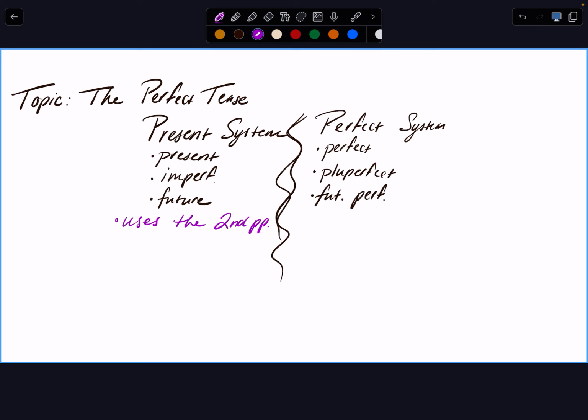Okay, the present system uses the second principal part to get what we call the present stem, whereas in the perfect system, you're going to use the third principal part to get the perfect stem. Okay, so far so good?